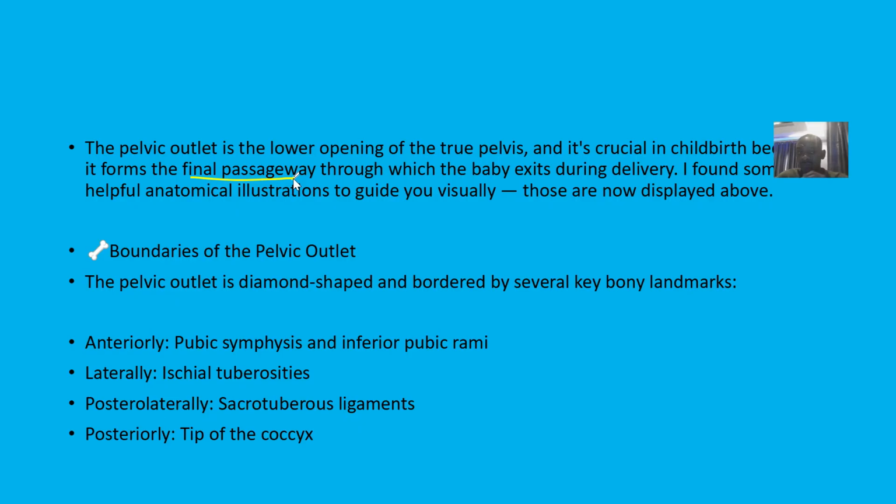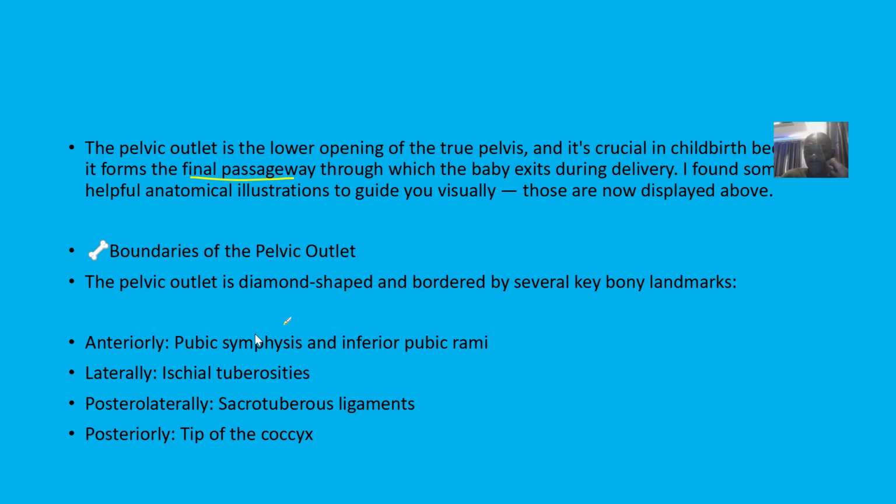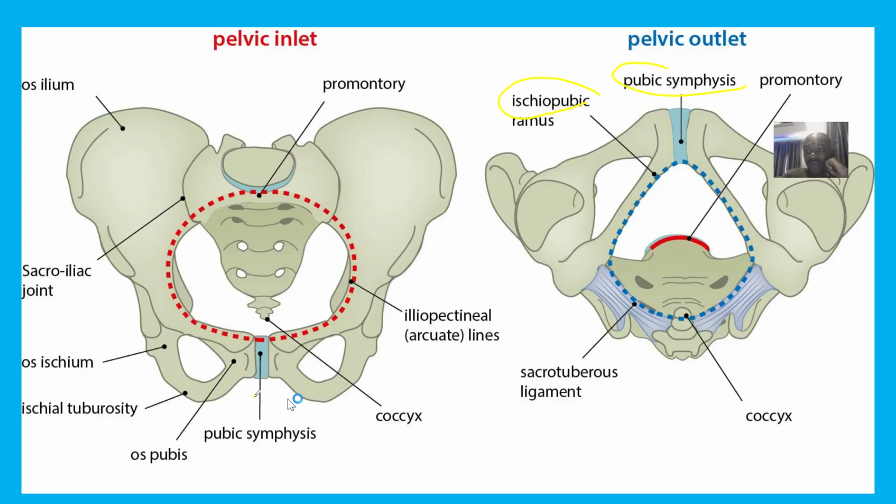So the boundaries of the pelvic outlet: anteriorly we have the pubic symphysis and the inferior pubic rami. So this is the pubic symphysis, and the ischiopubic ramus. Laterally we have the ischial tuberosities, which should be here.